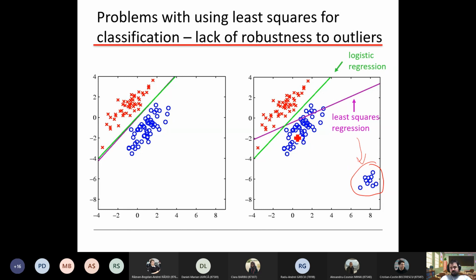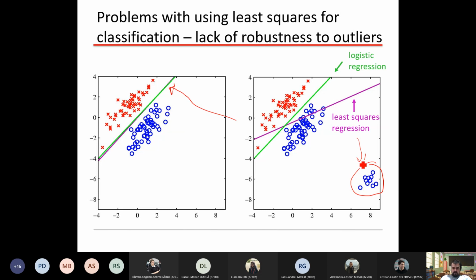Therefore it tries to fit the Gaussian on the new data set, and it modifies the position of the regressor, which is not correct, because even if it had kept the same regressor from before, everything would have been correct.